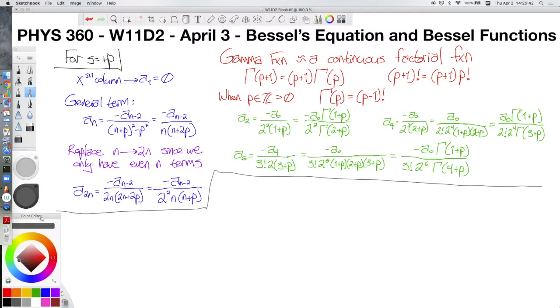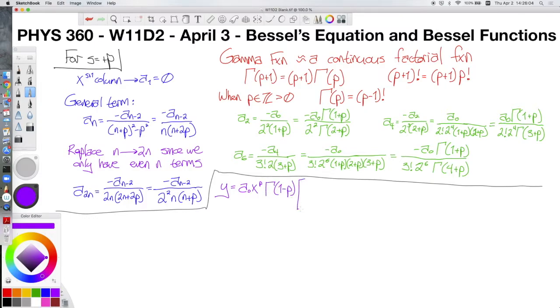So just working down here, we can now start to write our expressions for y using this gamma function notation. And what we find is that you end up with y is equal to, factoring out an A0 times x to the p times the gamma function of 1 minus p.